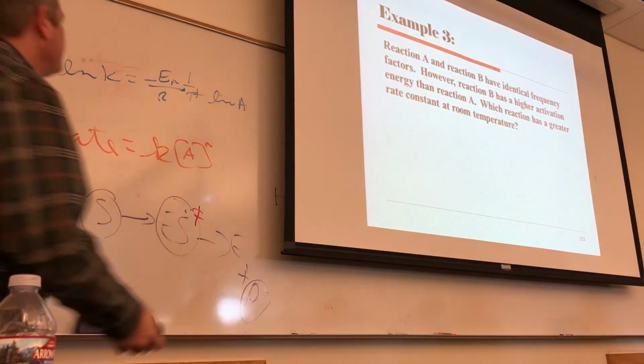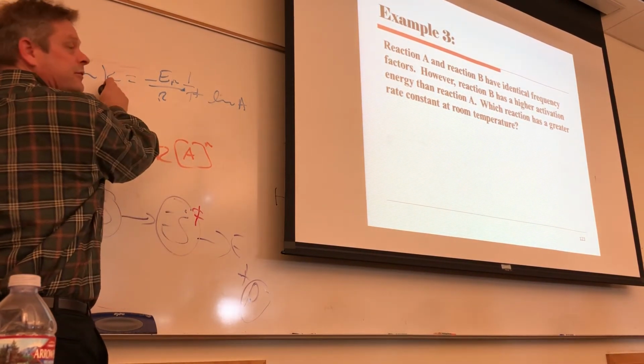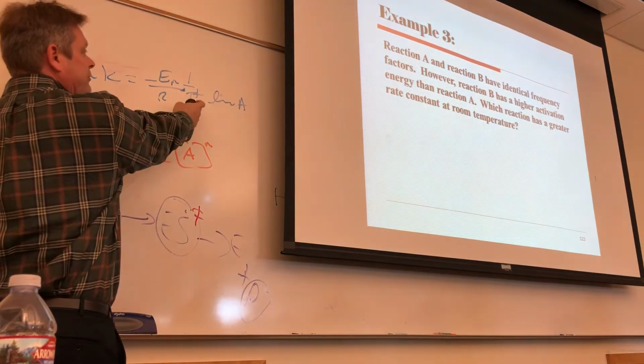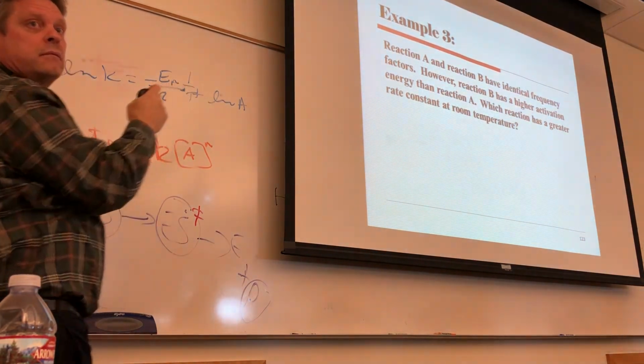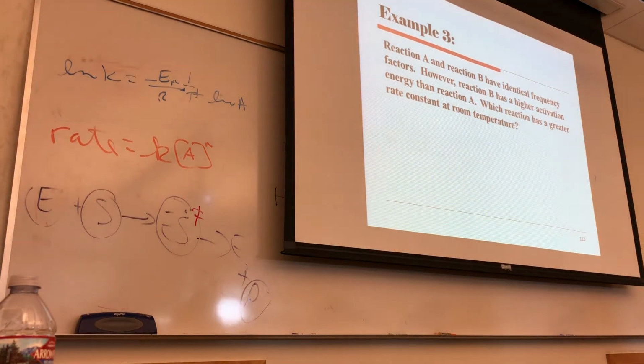So if you increase this, you should increase this. If you decrease it, you just found 1 point there. You already have EA in this, so he's going back to questions 1 and 2. If you have a higher temperature, you're going to have a higher K. If you have a lower temperature, you're going to have a lower K, because EA is already constant with the numbers they give.